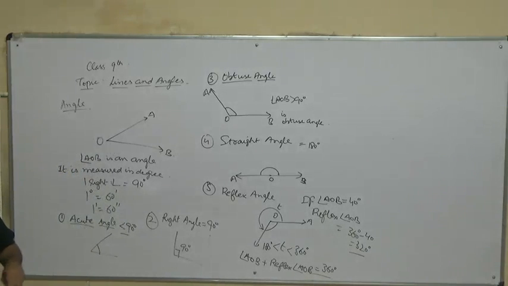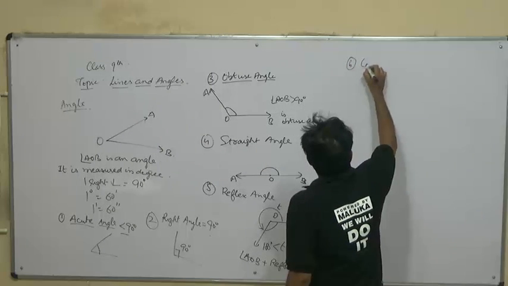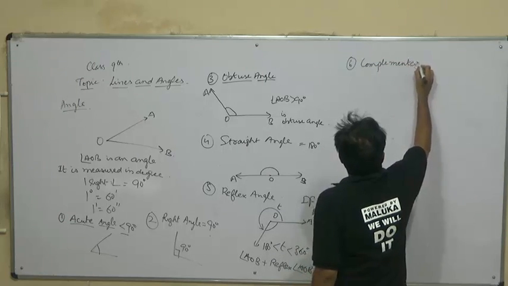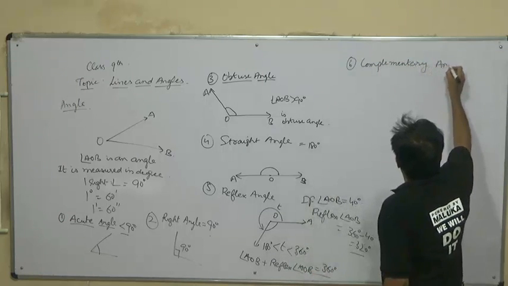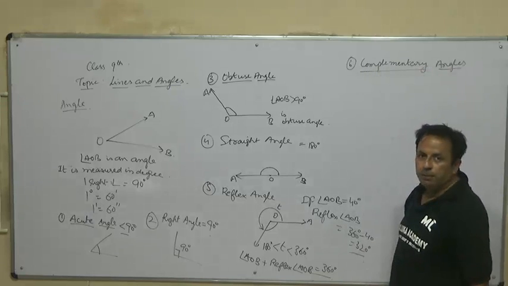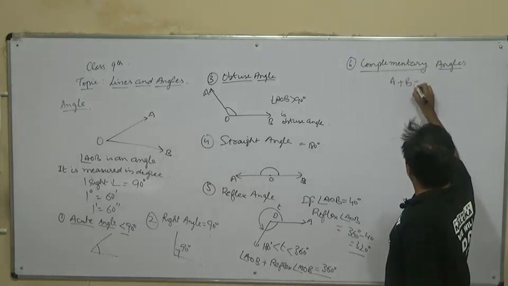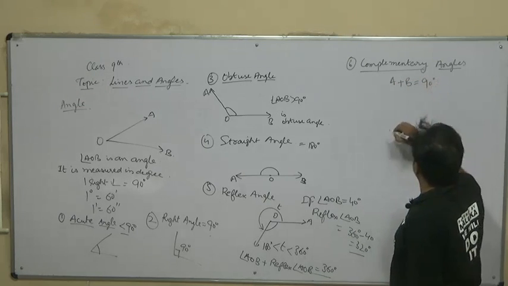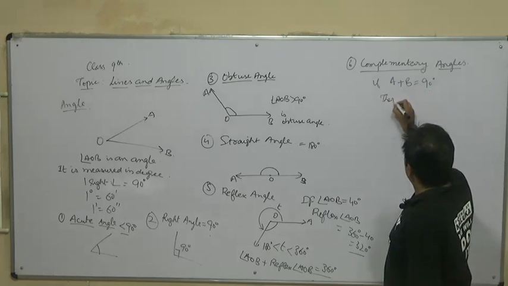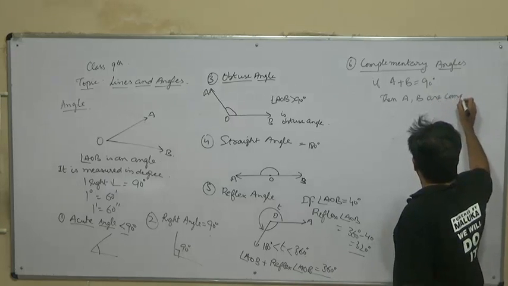Then we have got complementary angles and supplementary angles. Complementary angles. So two angles are said to be complementary. Two angles A and B are complementary if A plus B is equal to 90 degree. If A plus B is equal to 90, then A and B are complementary angles.